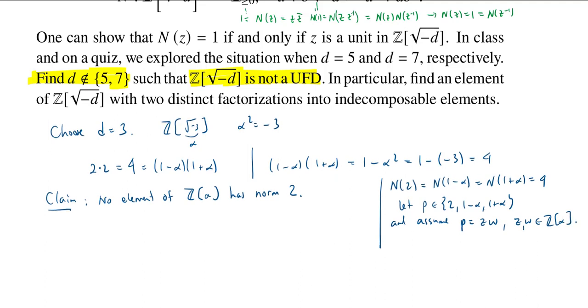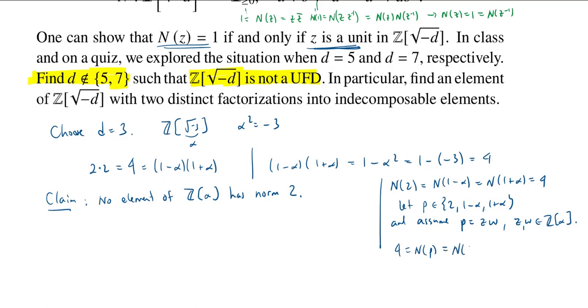Okay, so assume we have a factorization. Of course, we're trying to show that all of these are indecomposable, so any factorization should have a unit in it. And we know that the units are characterized by having norm 1. So since I know that the norm of all of these is 4, I know that the norm of P is 4.